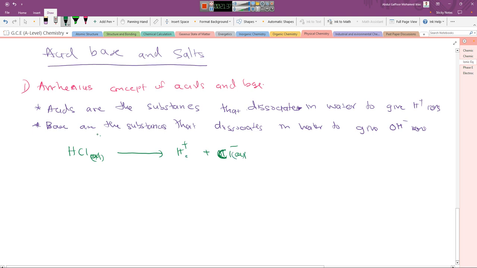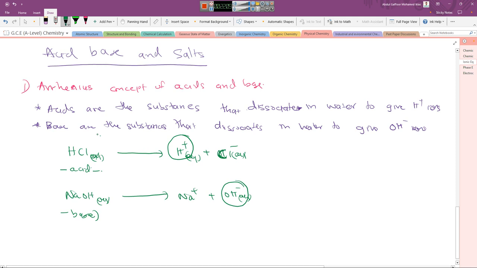You see, in aqueous solution it has released H plus, so HCl is called an acid according to the Arrhenius definition. Now if you take NaOH, it will dissociate as Na plus and OH minus, right? Since NaOH has released OH minus to the aqueous solution, this is called a base, right?